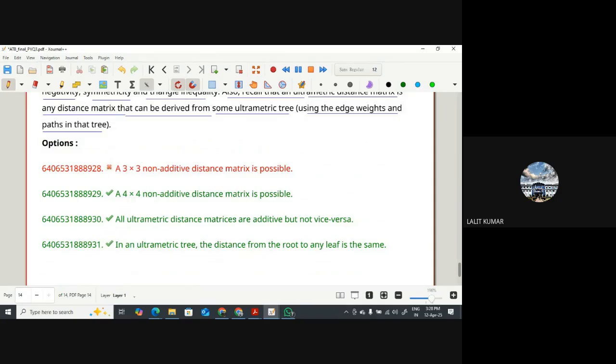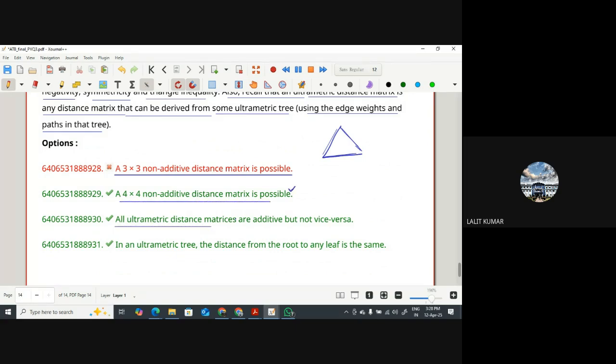A 3 by 3 non-additive distance matrix is possible. So I tried to find why this is incorrect. It was given that when you have a 3 by 3 matrix, triangular distances are there, and they can never be non-additive. They will always be additive. So a 3 by 3 non-additive distance matrix is not possible. A 4 by 4 is possible, we have seen in the lectures.